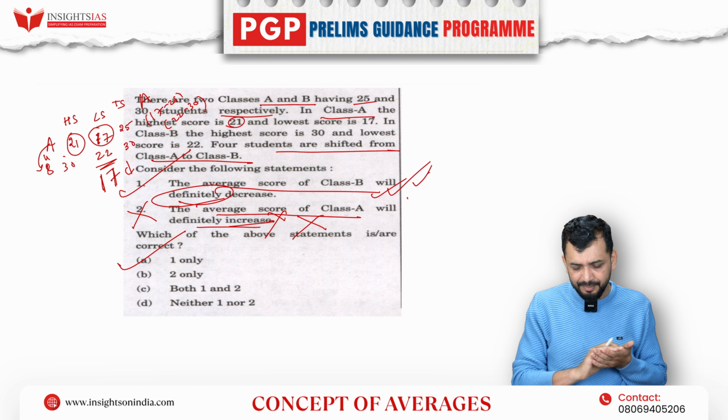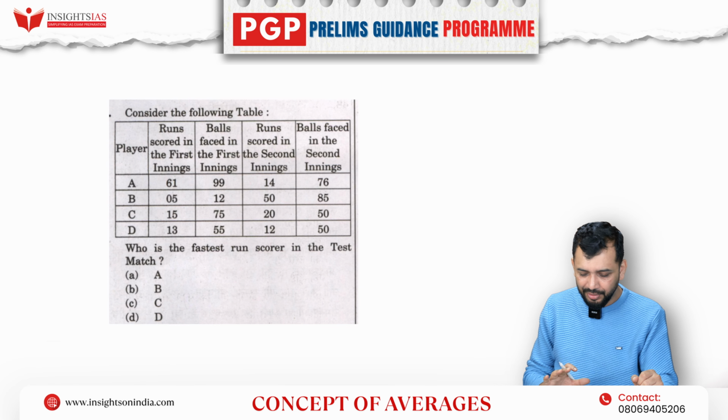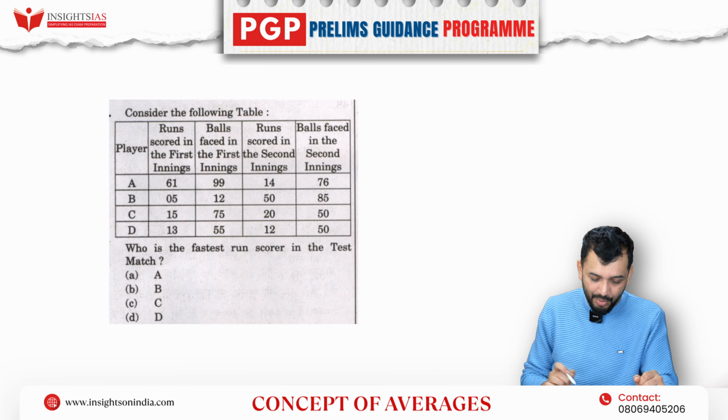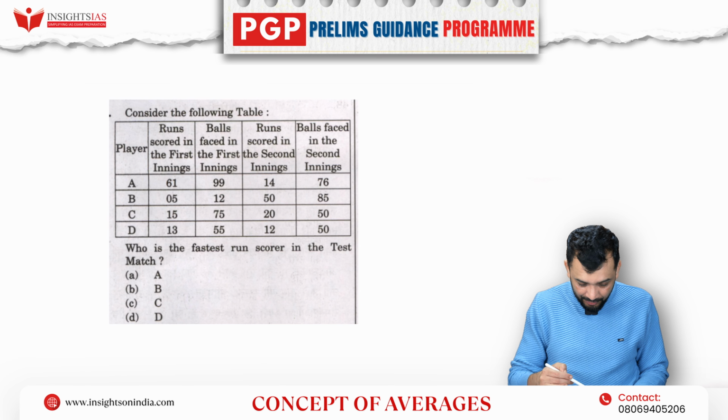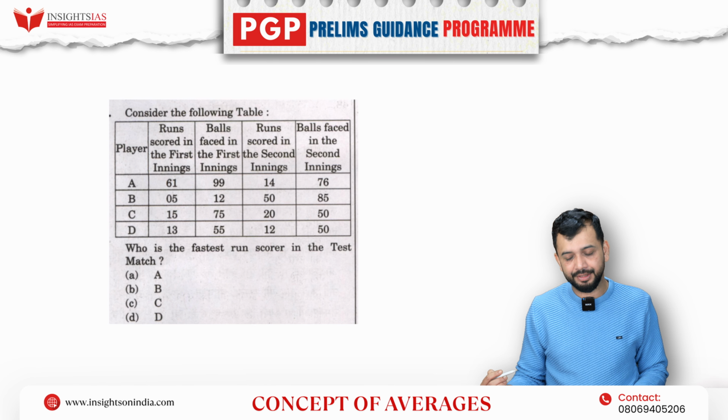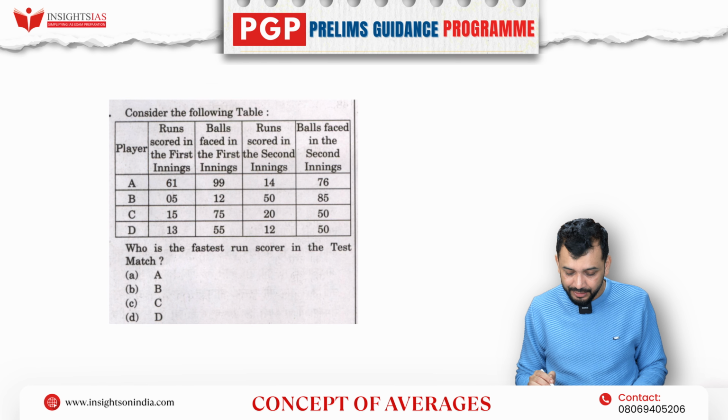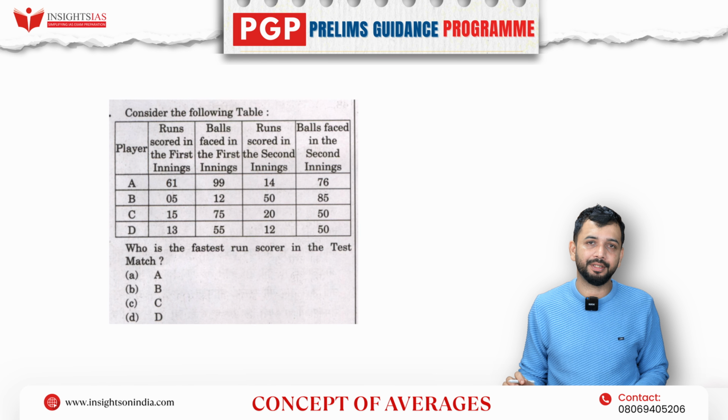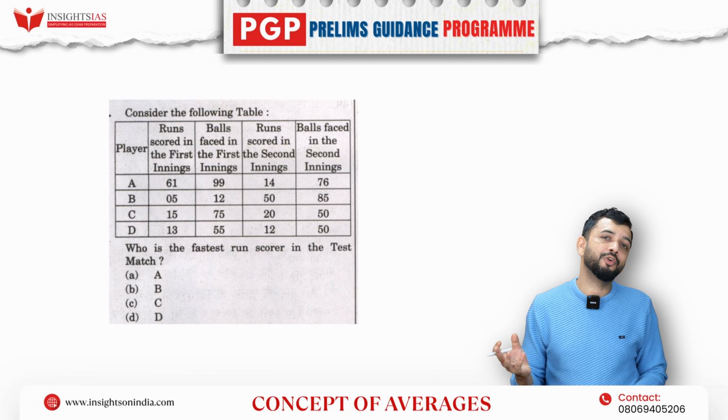Now let's go to this, which I will leave to you because this is more of a mathematical calculation problem. What is the question? Runs scored in the first innings and balls faced in the first innings are given for 4 players. Similarly, runs scored in the second innings and balls faced in the second innings. The question is, who is the fastest run scorer in the test match? How will we check the fastest run scorer? For each run, how many balls he has taken.